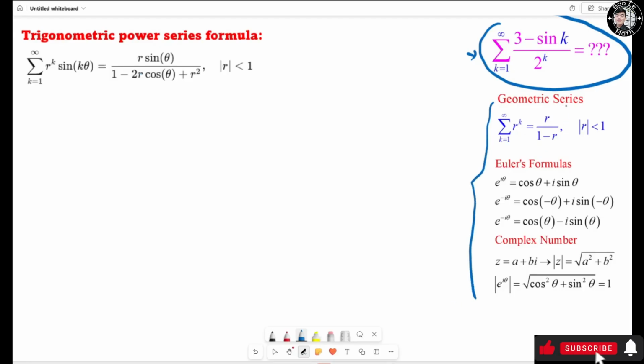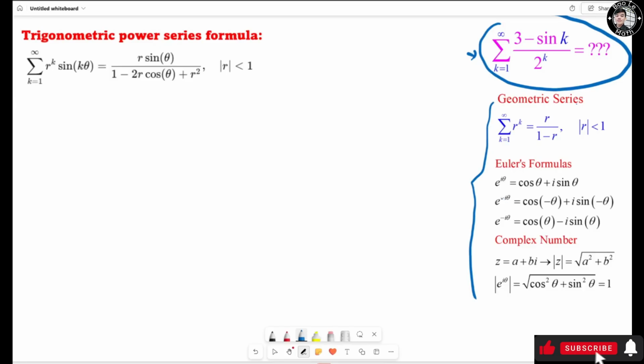First, I'm going to talk about the geometric series. The series sum of r to the k equals r over 1 minus r, with absolute value of r less than 1. You have Euler's formula: e to the i theta equals cosine theta plus i sine theta.